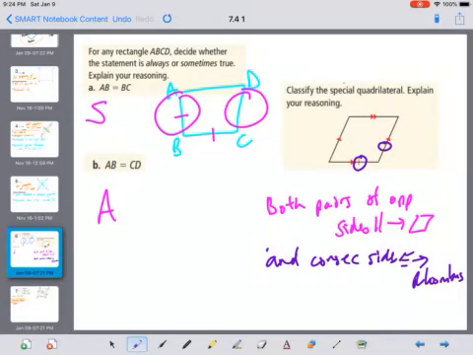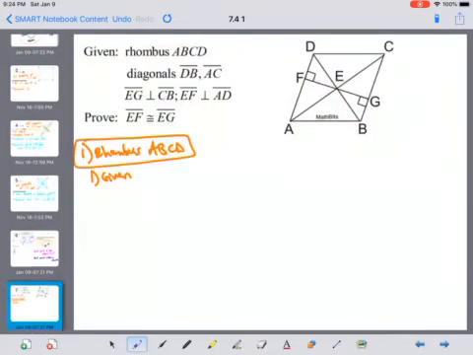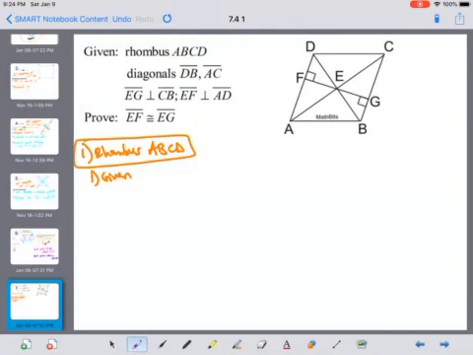We can apply these into our proofs as well. So first off, looking at the fact that rhombus ABCD is given, we could say that opposite sides are going to be parallel.